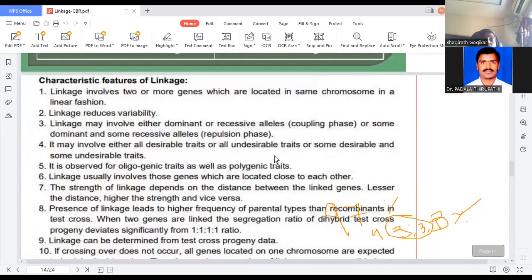So, the characteristic features of linkage. What is the significance of linkage? Linkage involves two or more genes which are located in the same chromosome in a linear fashion.